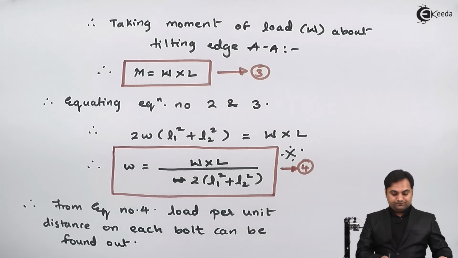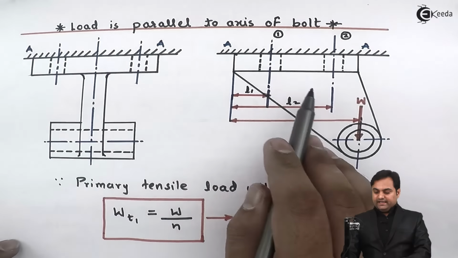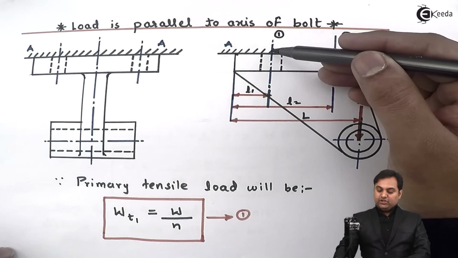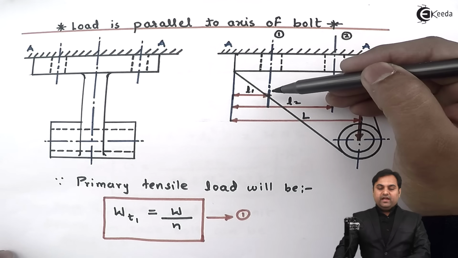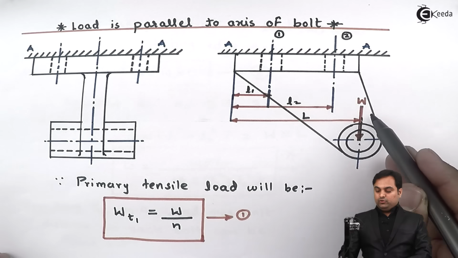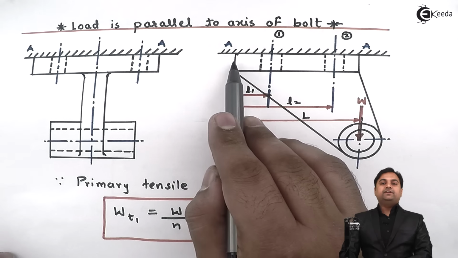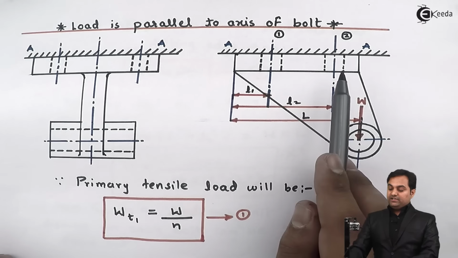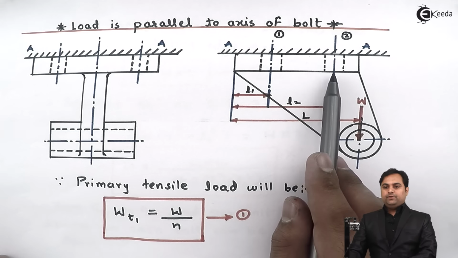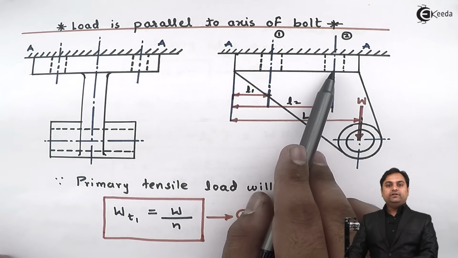Now if we look into the diagram, bolts which are at section 1 have less chances of failing because they are far away from the load. At the same time they are very close to this tilting edge. Whereas bolts at section number 2, the chances of failing here are more because they are closer to the load, at the same time far away from the tilting edge.